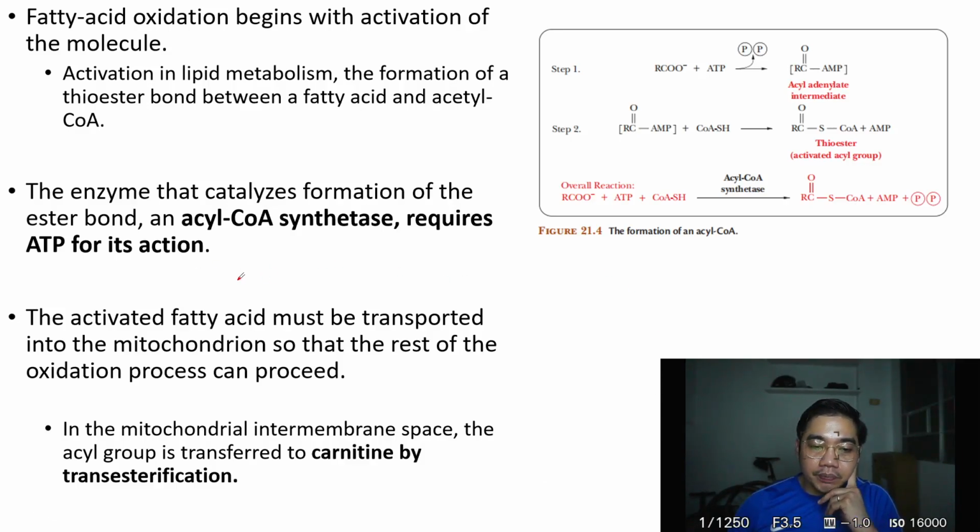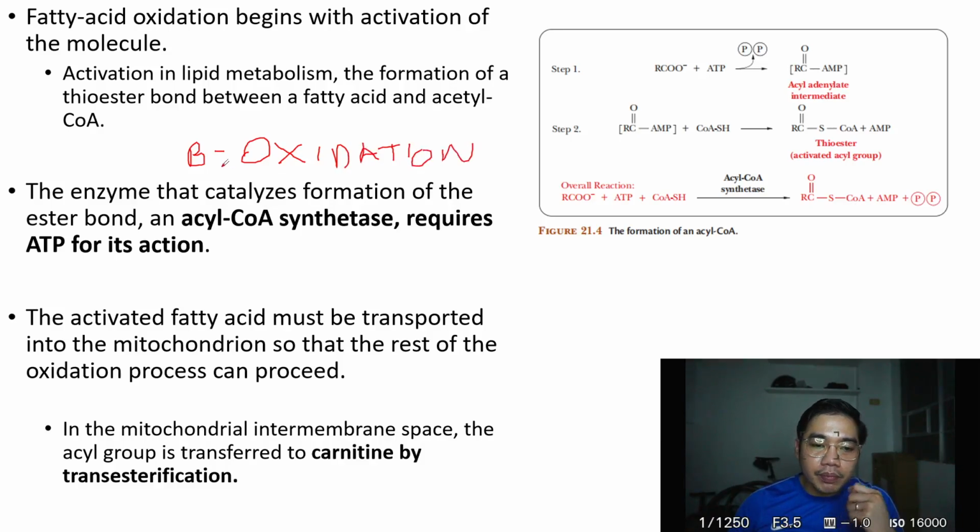The lipids that we use for ATP production are the ones that we get from our diet. The entire process of utilizing your lipids, your fatty acids, to become energy is what we call beta oxidation.